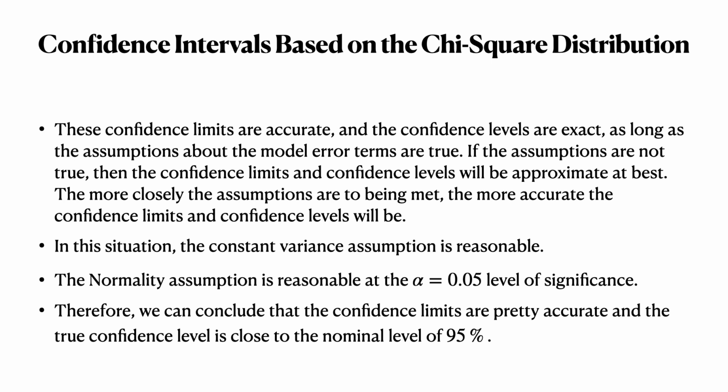And so I would say that the normality assumption is reasonable at the 0.05 level of significance. Based on the criterion in the first bullet point and the results in the second and third bullet points, I'd say that we can conclude that the confidence limits are pretty accurate and the true confidence level is close to the nominal level of 95% for the confidence interval based on the chi-square distribution.